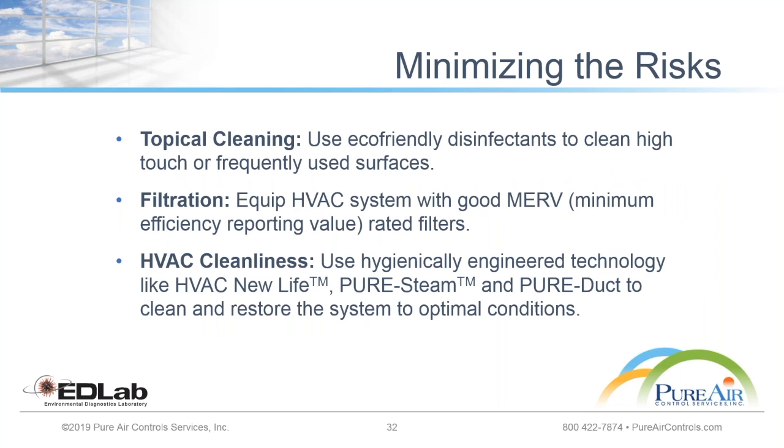In other words, for minimizing all those risks, let me summarize the three or four processes we have identified as very effective. The first, and obviously very simple, is topical cleaning: use some eco-friendly disinfectant and clean your high-touch surface areas in homes, workplaces and other commercial buildings. That's pretty effective. Then filtration.